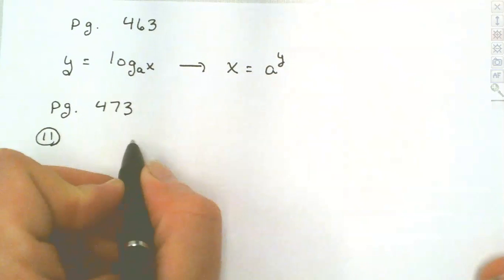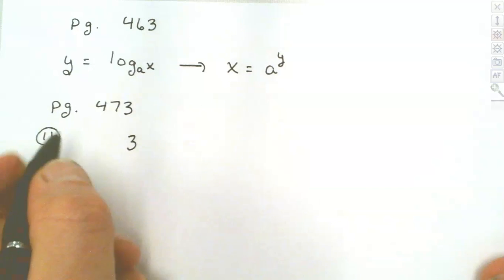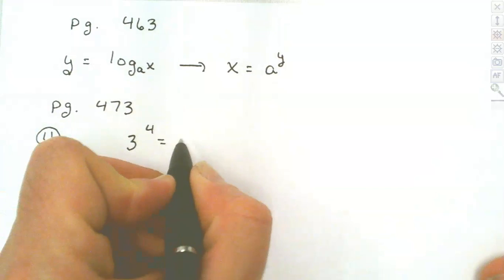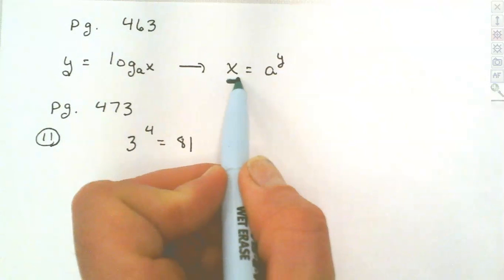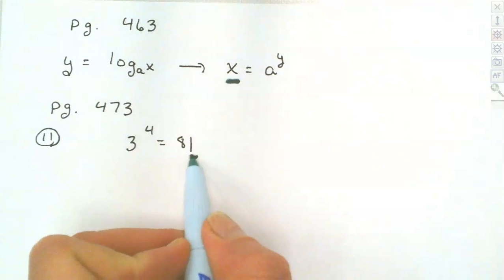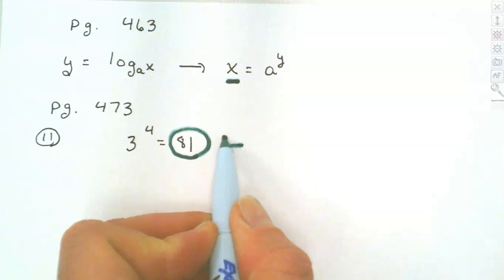And we want to convert this to a logarithm. Now what we need to figure out is which piece is the a, which piece is the x, and which piece is the y. Right now it's in an exponential. So this x matches up to the 81.